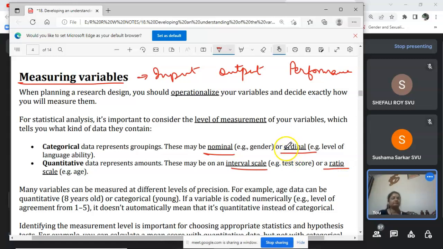Remember? Yes, ma'am. Fine. If we are dividing a complete set of sample on gender basis, then it will be nominal. Then that gender-based data we have divided age wise, then it is ordinal.